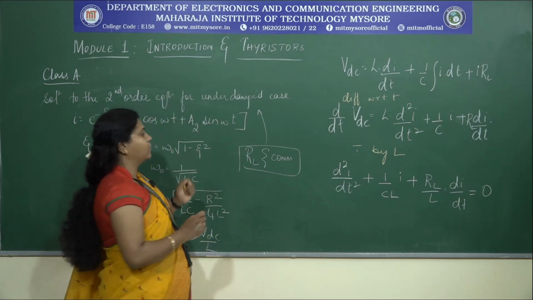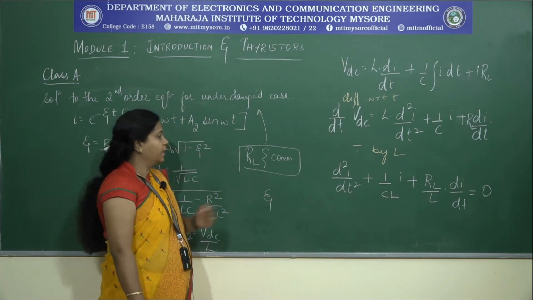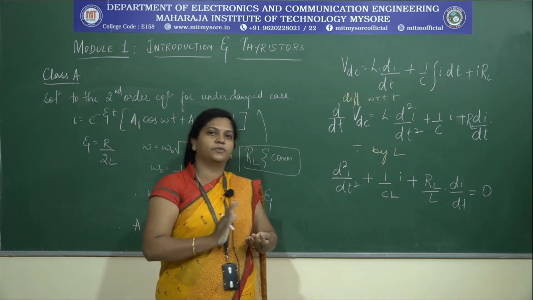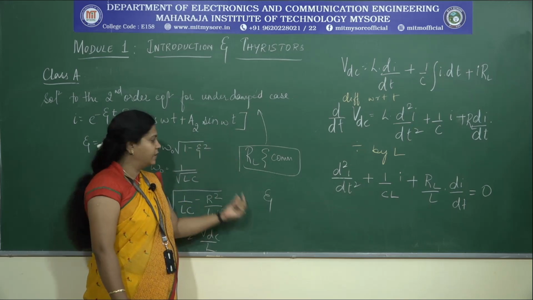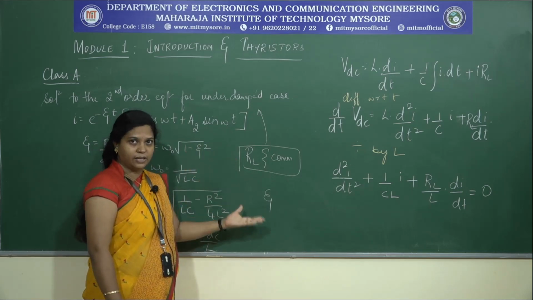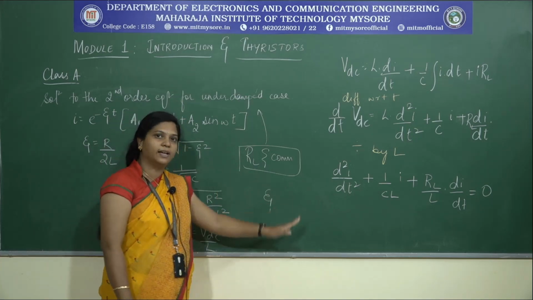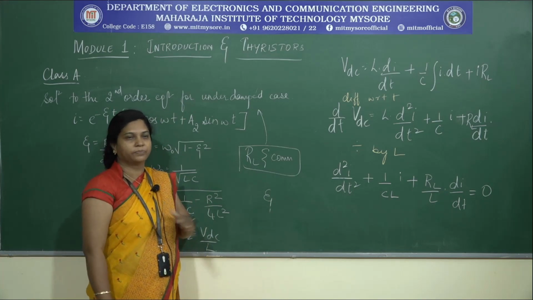Damping is always represented as zeta. Depending on the value of zeta, which varies from 0 to 1, we say it is an underdamped case. When it is equal to 1, we say it is a critically damped case, and if the value of zeta is greater than 1, it is referred to as an overdamped condition.